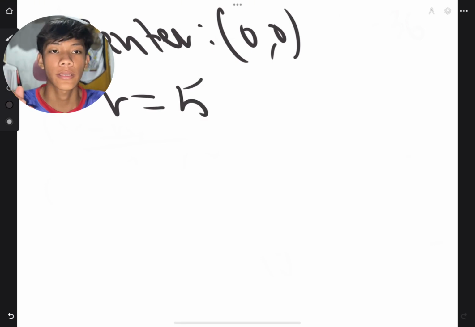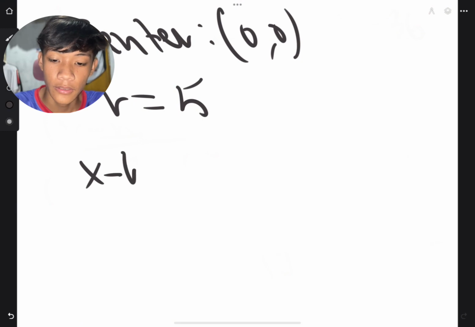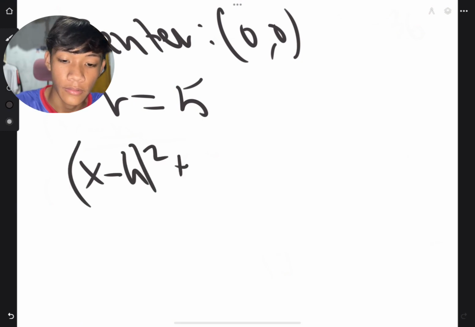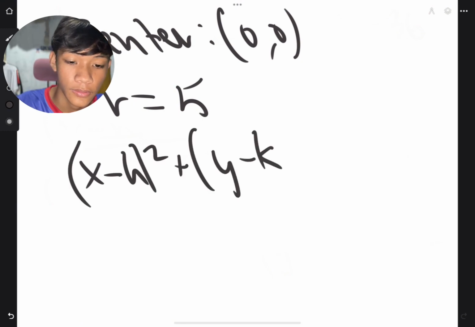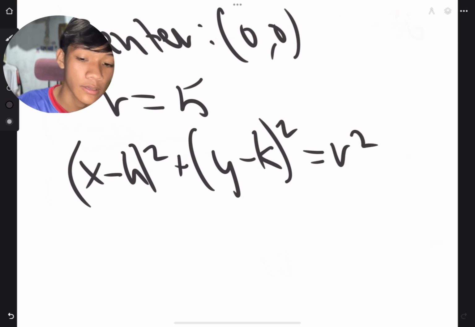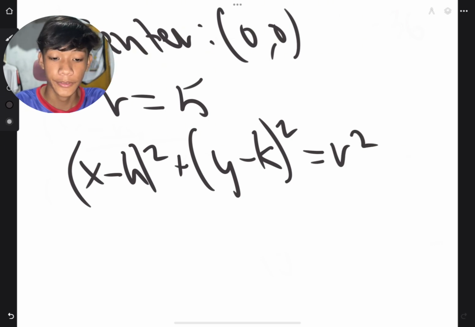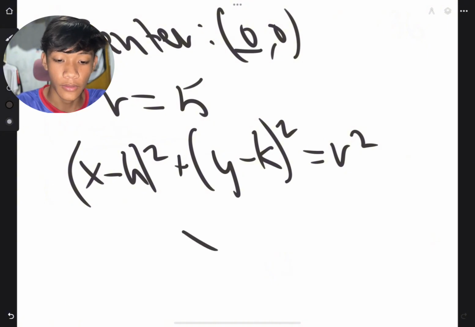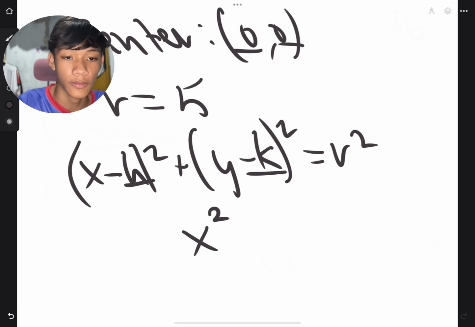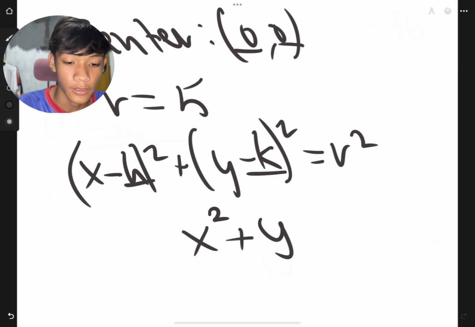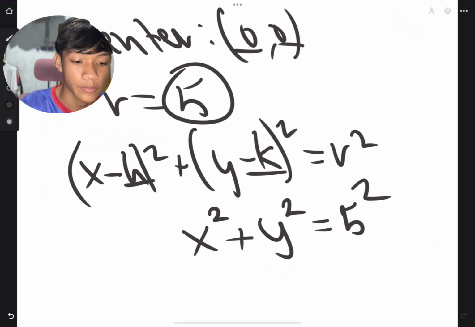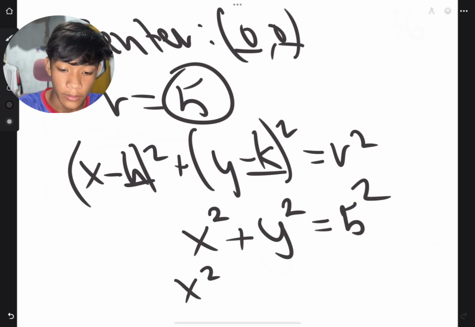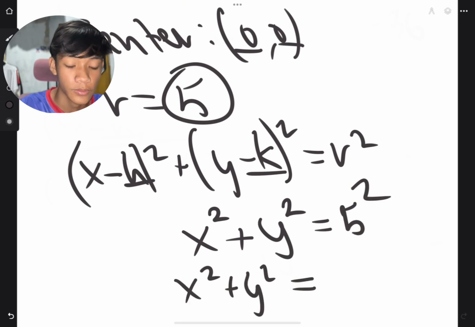Let's write the equation: (x minus h) squared plus (y minus k) squared is equal to r squared. Since h is 0, we just write x squared, and the same with k, which is also 0, so we write y squared, then our radius is 5 squared. So x squared plus y squared is equal to 5 squared.